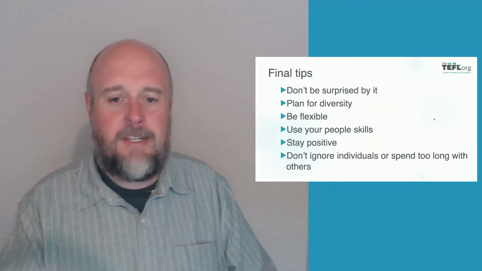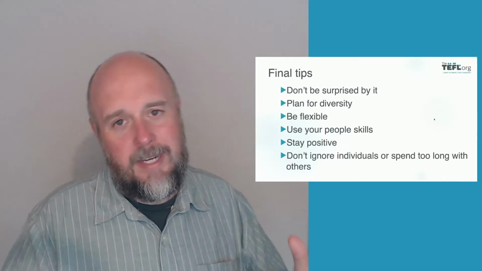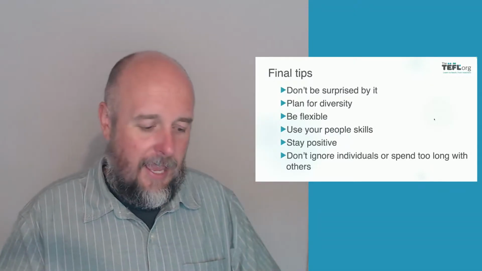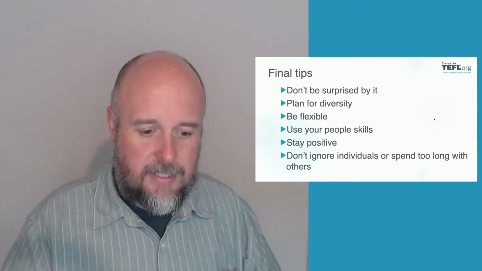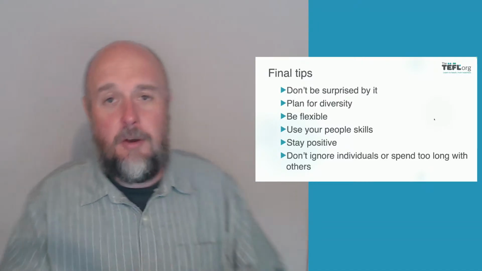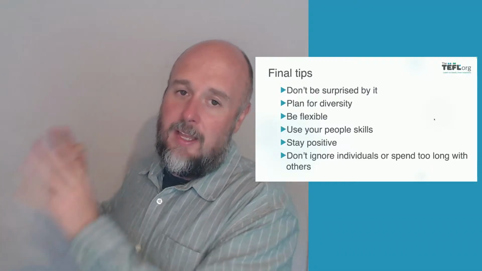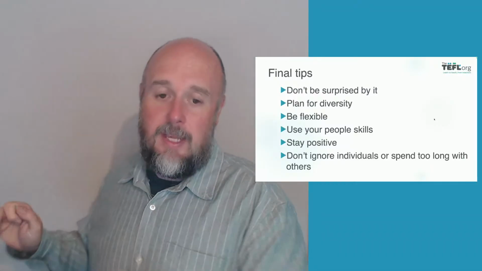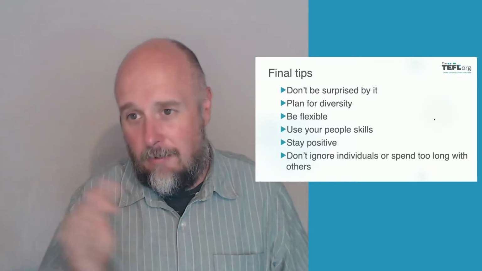Also, don't spend more time with one individual or ignore others. It can be quite tricky to not spend a lot of time with the weaker ones, because the stronger ones already understand it. The stronger ones are going to get annoyed about that. So, you have to get around all the students.